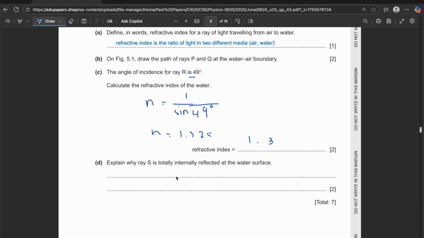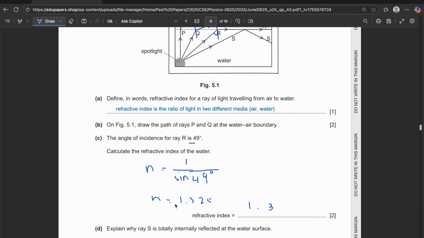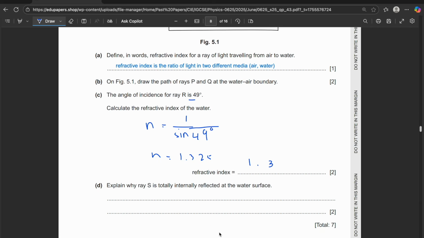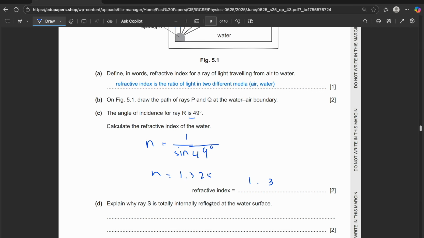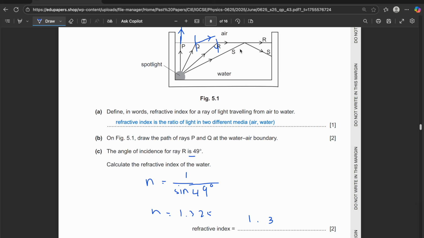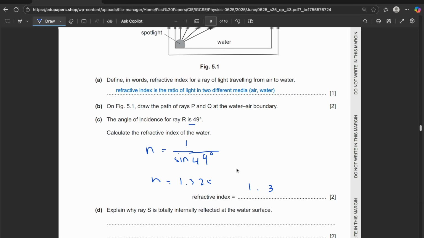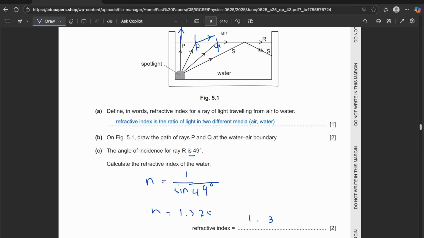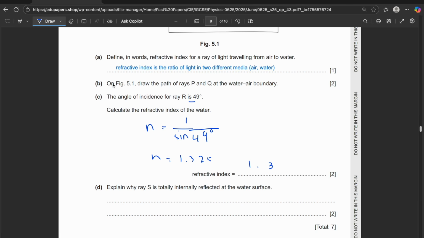D, explain why ray S is totally internally reflected at the water surface. The angle of incidence is greater than the critical angle, and another factor is that it is traveling from more dense to less dense material. Those are the two conditions.